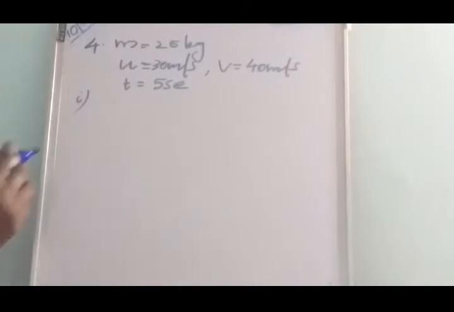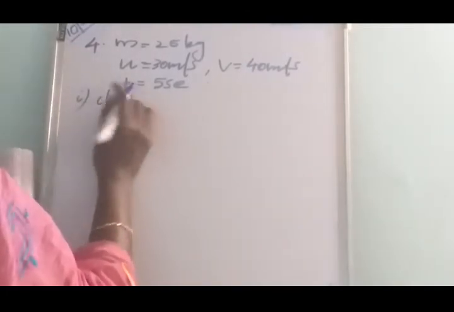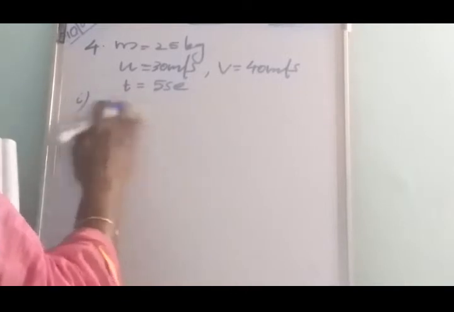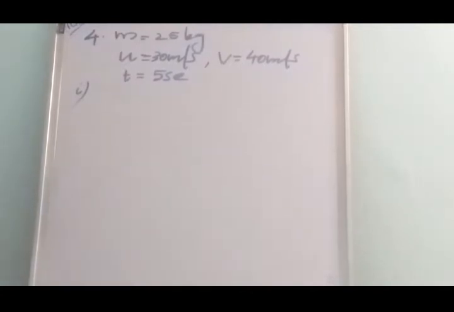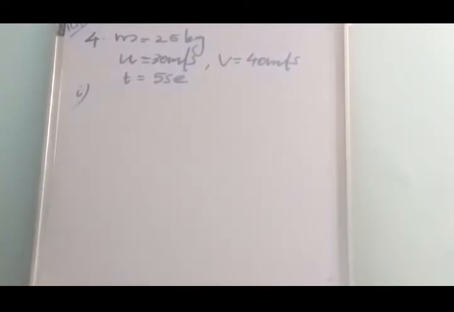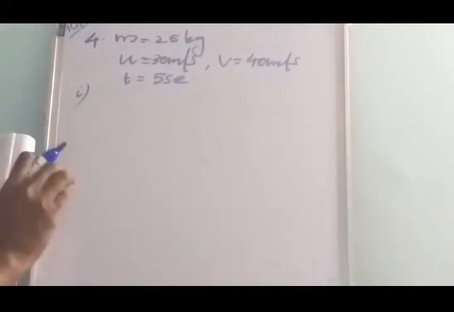In the derivation of Newton's second law, F equal to ma, we have learned how to find the change in momentum. Change in momentum is the final momentum minus the initial momentum. So first we have to find the initial momentum and final momentum, and from there we can find the change in momentum.